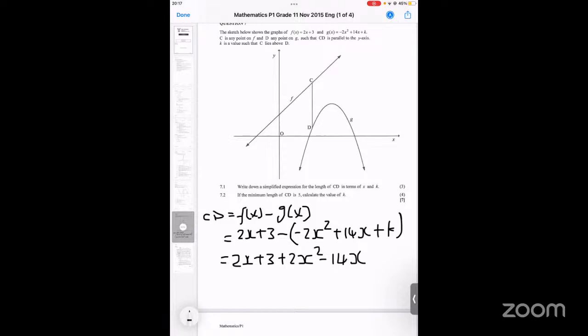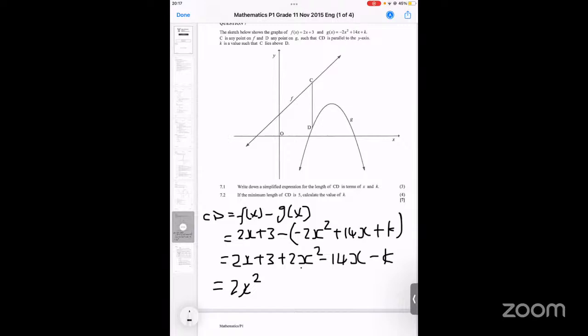And then what's next after that? Negative 14k. Negative k. Okay. And then you have 2x squared. We write it now in the form of ax squared plus bx plus c.